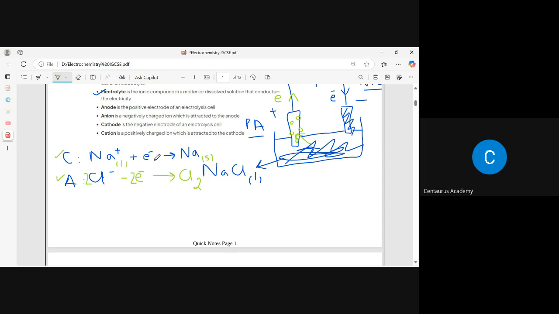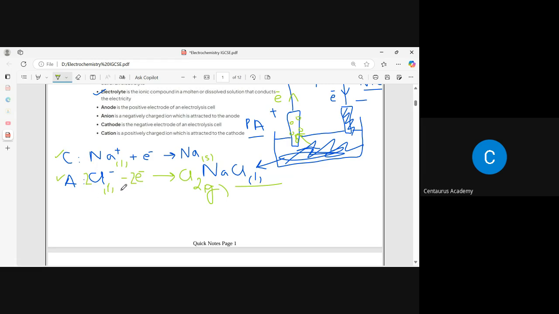Obviously, no state symbol has to be written with the electrons, okay? And chlorine is produced as a gas. This is going to be your ionic equation for the electrolysis of molten sodium chloride, okay? Now, if a complete ionic equation has to be written, what are you going to do?